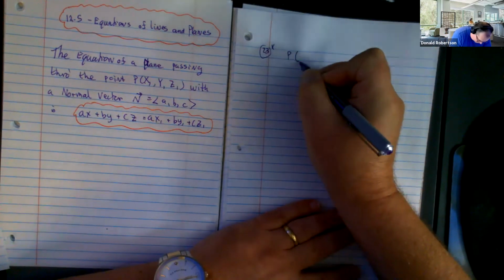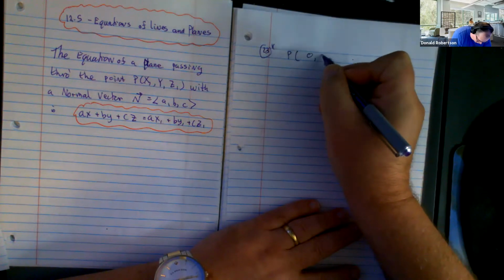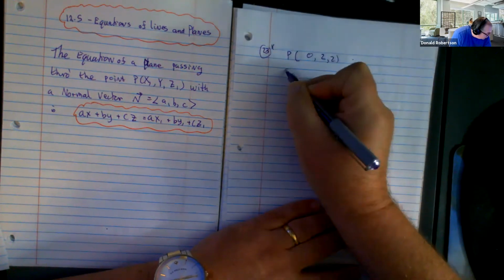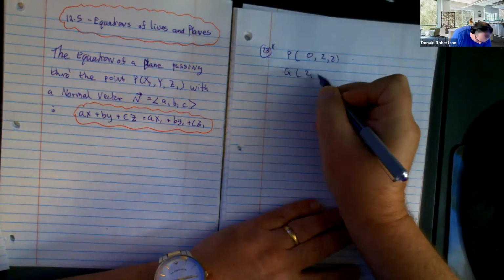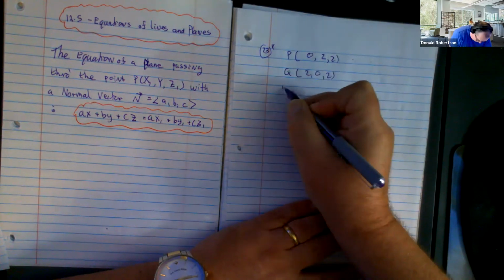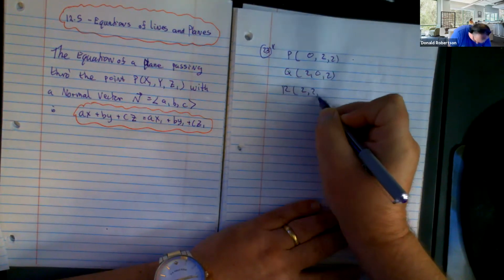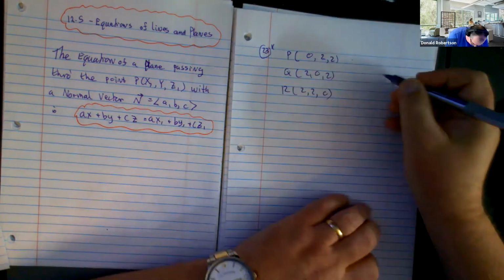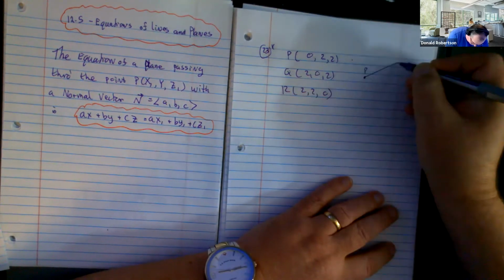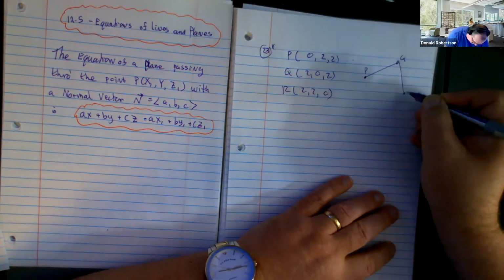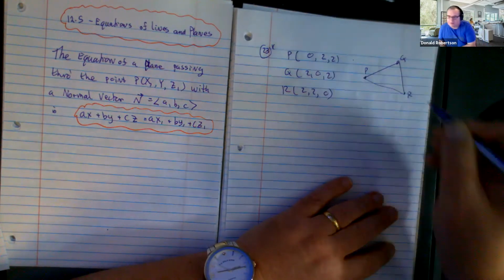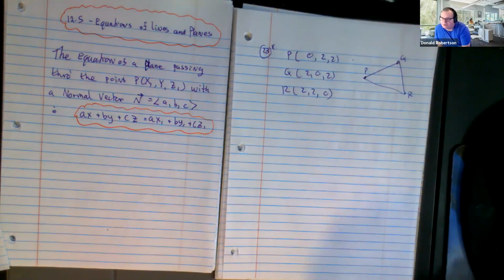How about this one? I have got the points P (0, 2, 2), Q (2, 0, 2), and R (2, 2, 0). Can you imagine P, Q, and R looking like this? Now, P, Q, and R make a triangle. You agree?